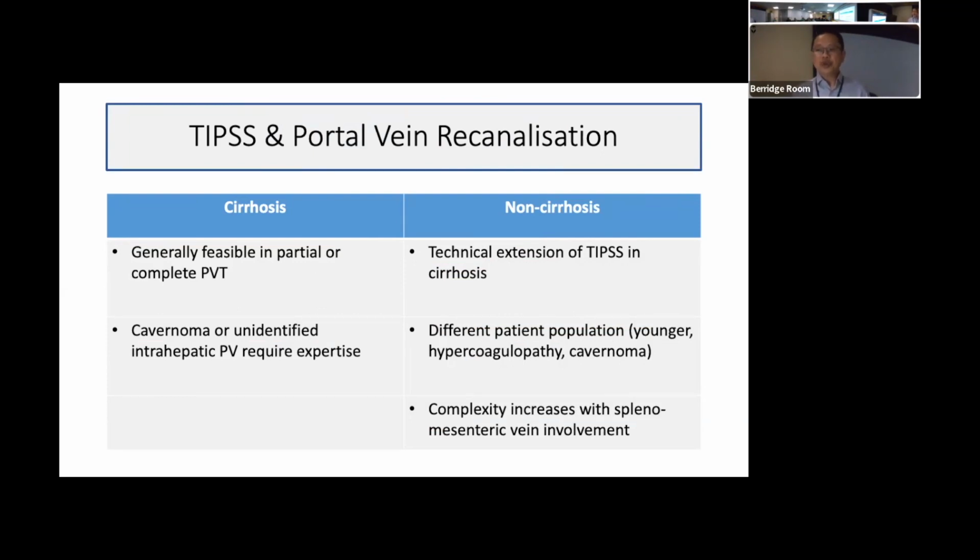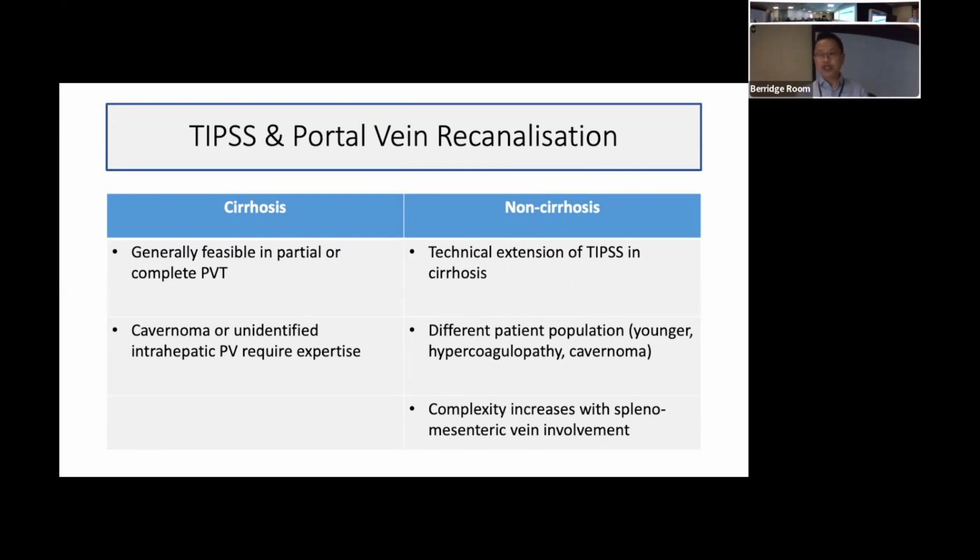In a cirrhotic patient presenting with partial or complete PVT, in theory it is generally feasible to perform TIPS and recanalization. In a patient with carcinoma, where you see obliteration of the native portal vein, the intervention is quite challenging and requires some degree of experience and expertise.